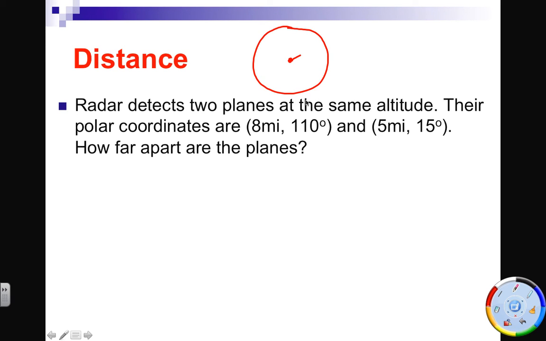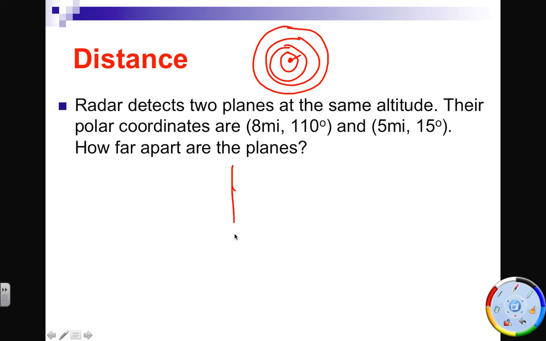Radar is based off of a polar graph. They have little concentric circles that are distance from your boat or plane or submarine or whatever. And it's scanning to see at what angle and all that sort of fun stuff. And this is a real life situation, right? They do polar equations all the time.